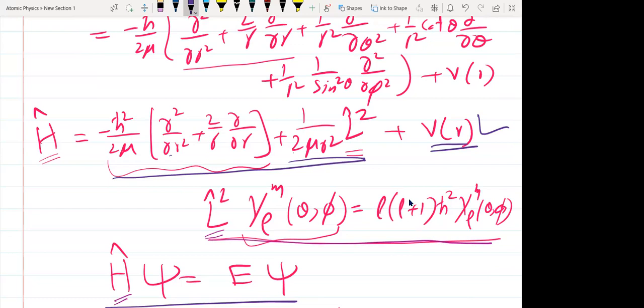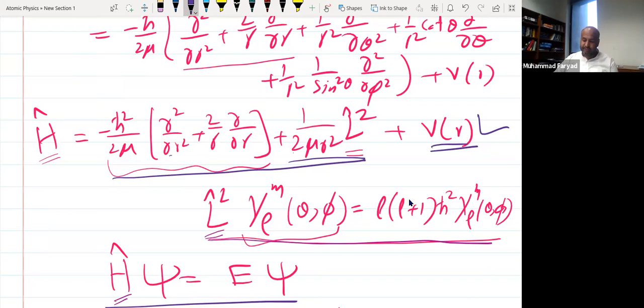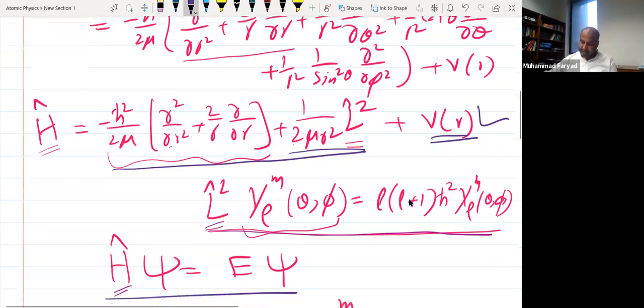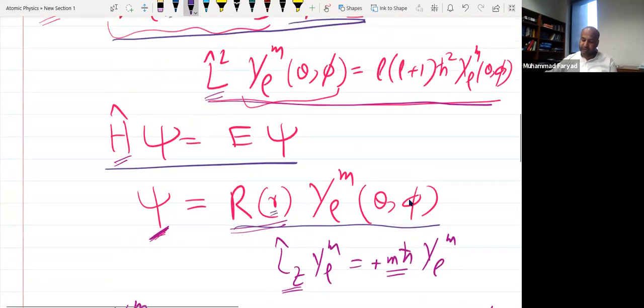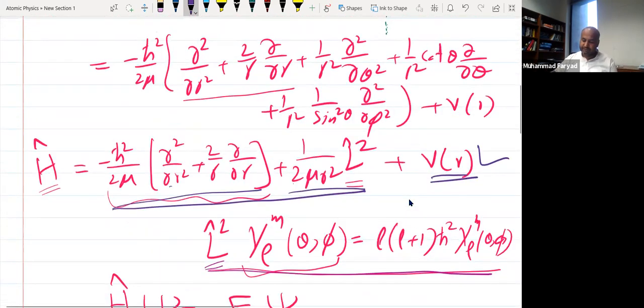They will no longer be doing anything, because our psi has these two parts, and whenever you take a derivative with respect to something which is a constant, the result is zero, so we wouldn't need this term in the Hamiltonian. Okay. Okay, sir. All right.